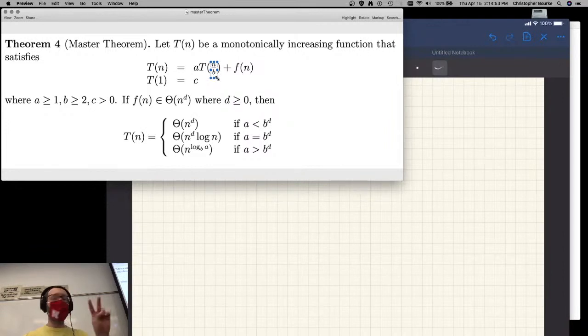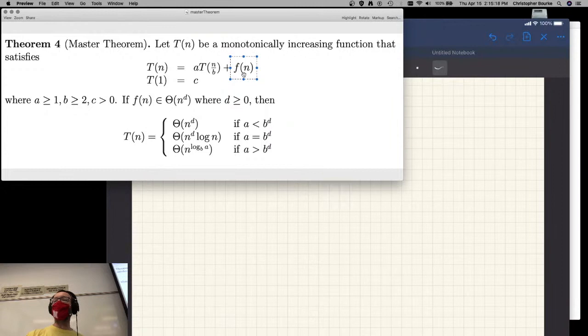If b was 2, like it is in our example here, that means it's half as big. b could be 3, and it's 1/3 as big. b could be 50, and it's 1/50th of what it originally was. You just need to cut the input down to get to, say, this base case right here. And then there's also this function hanging off that is capturing the notion of non-recursive work.